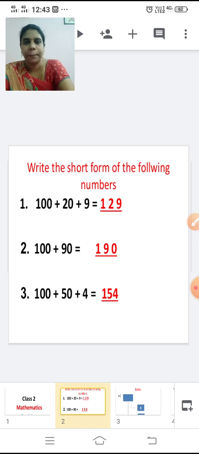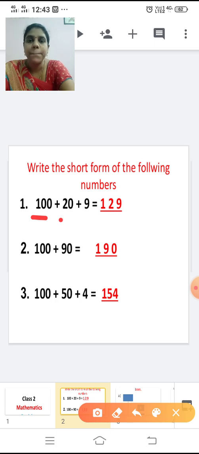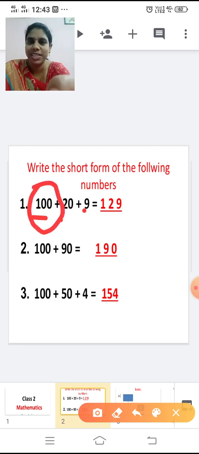Shall we write this? 100 plus 20 plus 9. For this we are going to write the short form. To write the short form, what we have to do? We have to write the face value of these numbers.